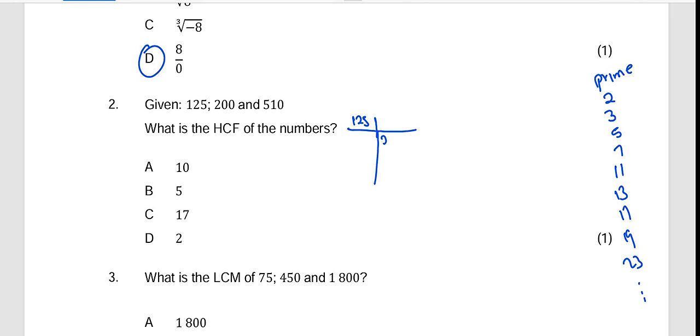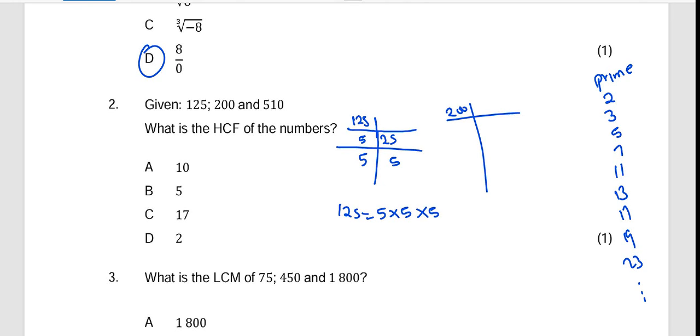And then I'll have 25 here and 5. Does 3 go into 25? No. It's 5 and 5. So for 125, it's going to be 5 times 5 times 5.